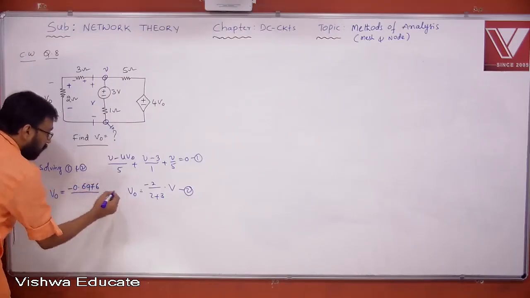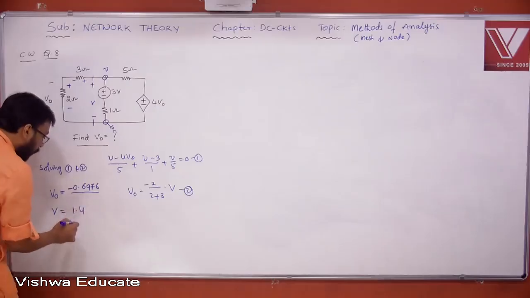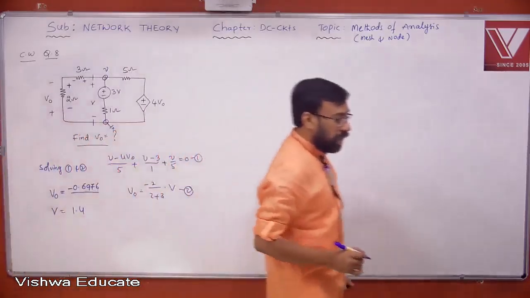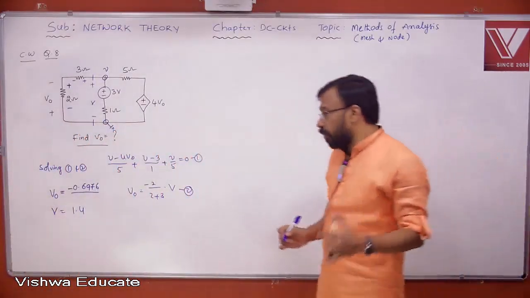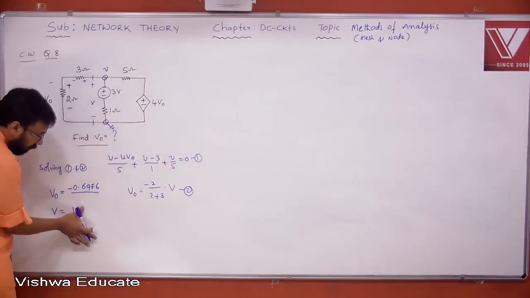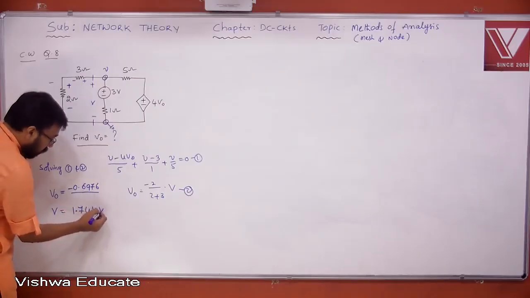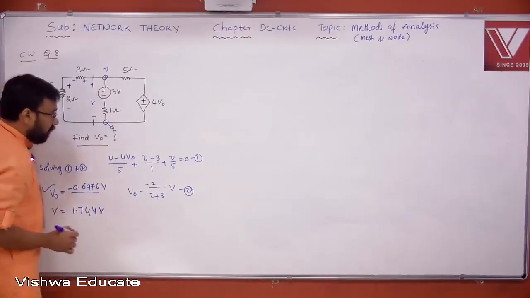Okay, you get the V value, that is 1.744. Please solve these two; it's a simple one. 1.744. So he's asking what the V0 value is.